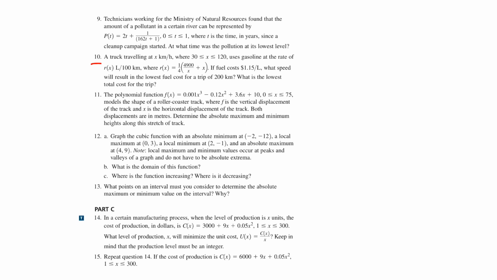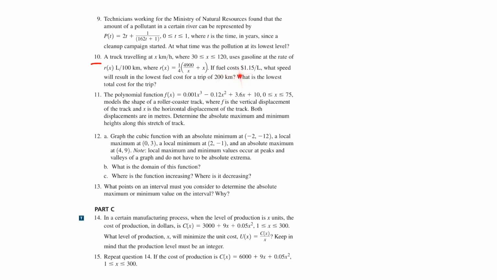Next question, question number 10. A truck traveling at x kilometers per hour, where x is between 30 and 120, uses gasoline at a rate of R(x) liters per 100 kilometers, where R(x) is 1/4 times (4,900 divided by x plus x).